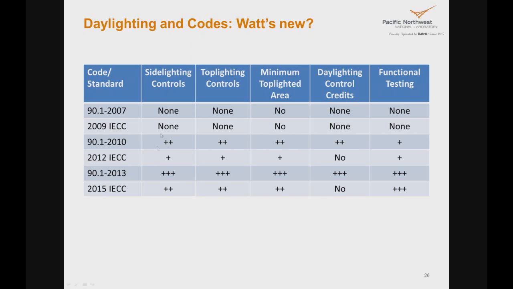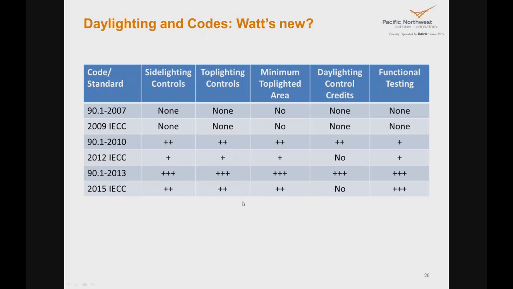Only the primary side lighted area was required to be controlled. This changed in 90.1 2013, and so that's why I'm indicating that with 3 plus symbols. In the 2012 ICC, side lighting controls were introduced for the first time, and these were made more stringent in the 2015 ICC.